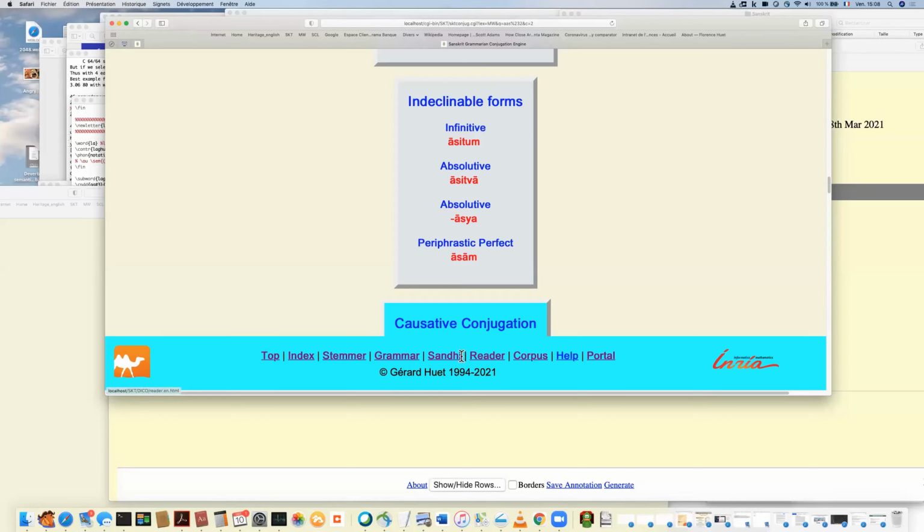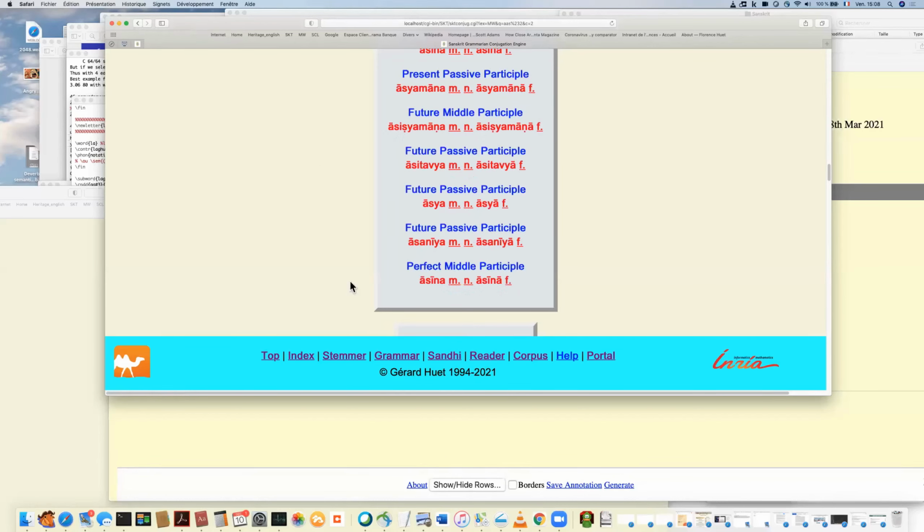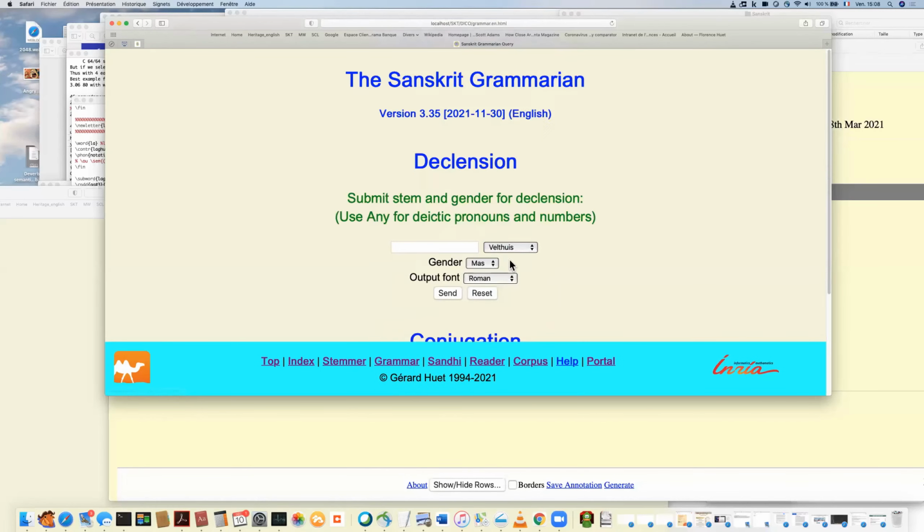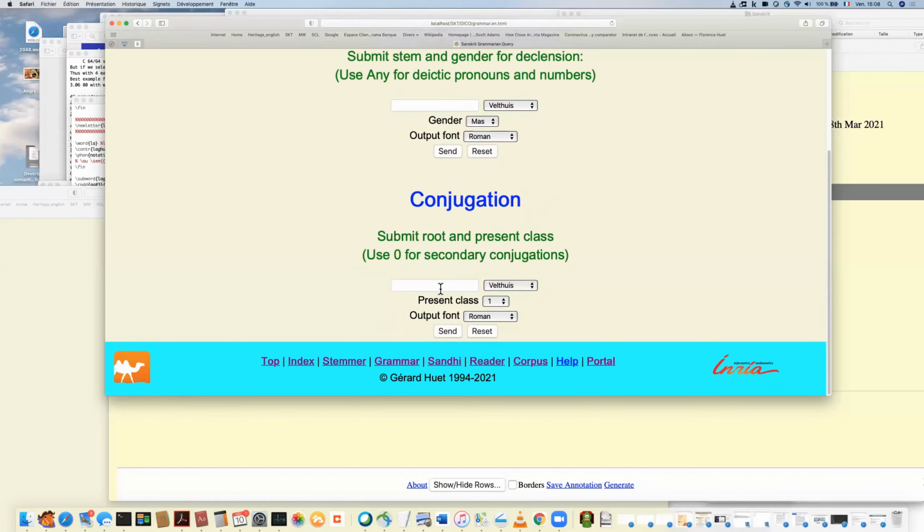Okay, so now if we do it again in the conjugation tool, and I'm going to show it in Devanagari.